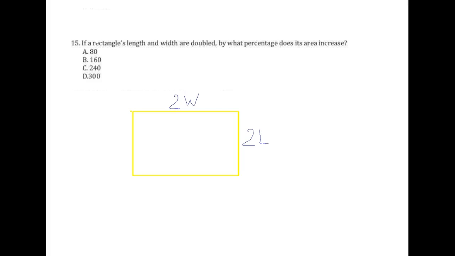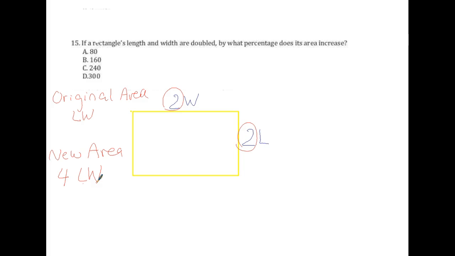Okay, so my original area was length times width. My new area is 4 times length times width, because 2 times 2 is 4, and then L times W is LW.